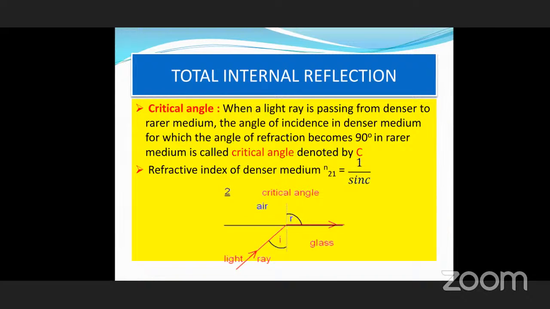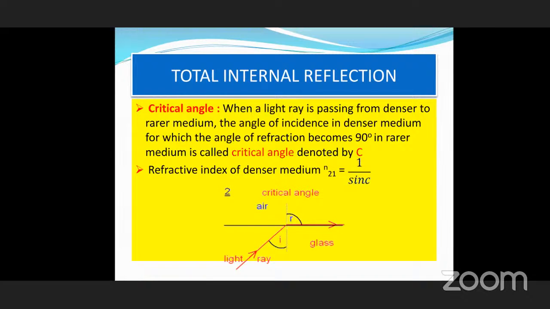In this case, the refractive index of the denser medium. Here, what is the critical angle? First, we discuss the incident angle in the denser medium. That angle of incidence is called the critical angle, represented by C. Understand? The critical angle is the incident angle in the denser medium at which the refracted angle in the rarer medium is 90 degrees.